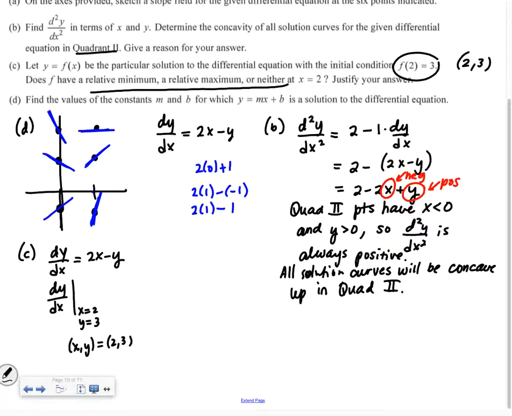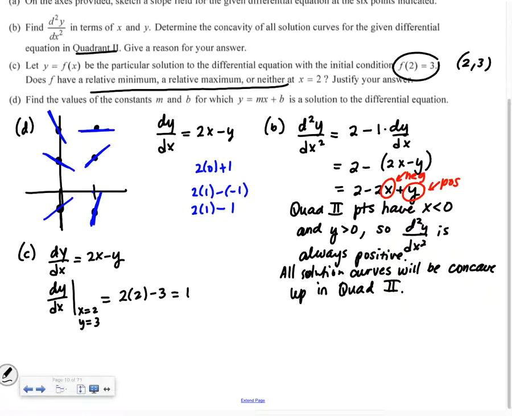Doesn't matter how you write it. So we end up getting 2 times 2 minus 3. We get 1. That means we have a slope of 1. Would we have a slope of 1 at a minimum or a maximum? No, our slope would be either 0 or undefined, right?